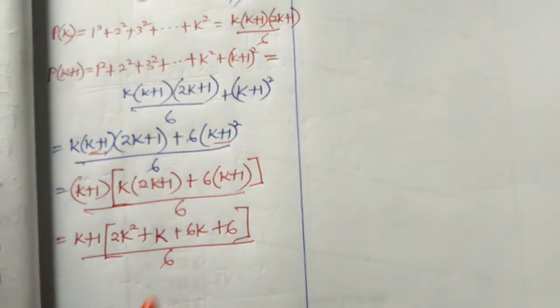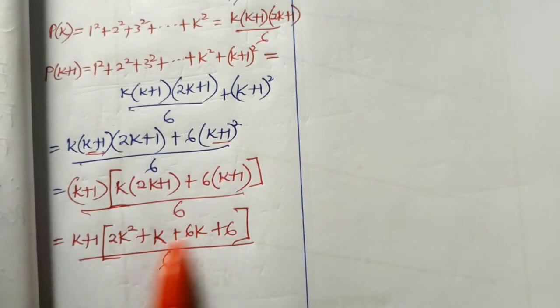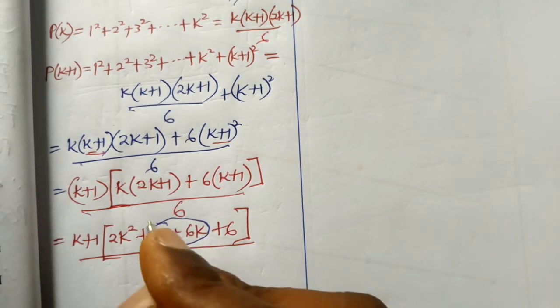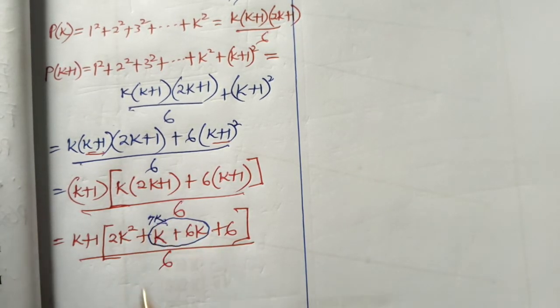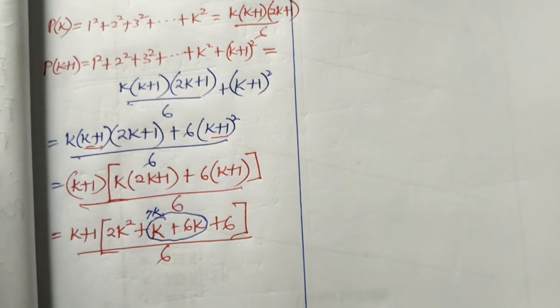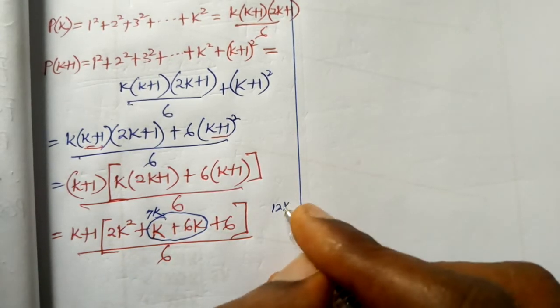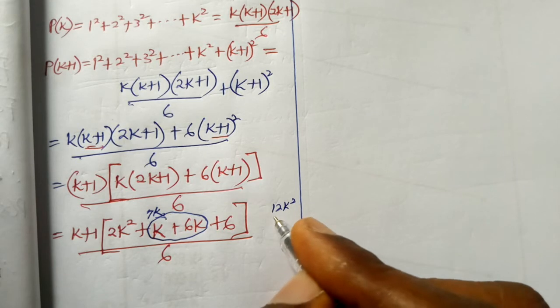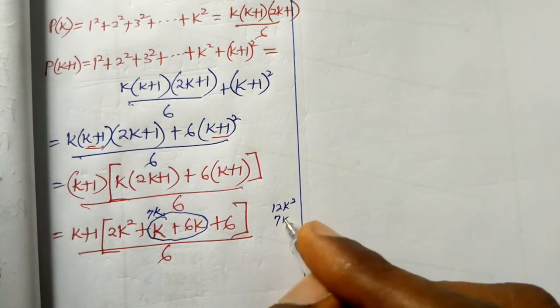We can factorize this because the k terms together give 7k. Let me just put 7k there. If we multiply the 2k squared and the 6, we will have 12k squared. So we want two factors that when multiplied will give us 12k squared and when added will give us 7k.